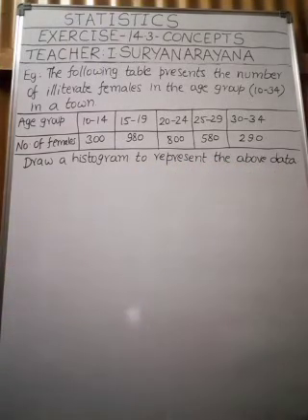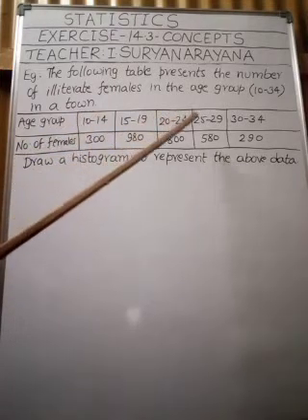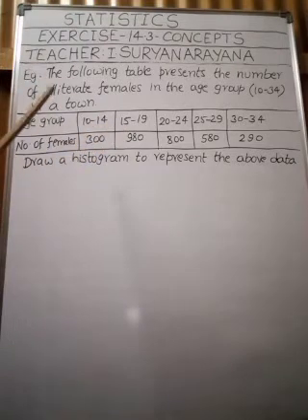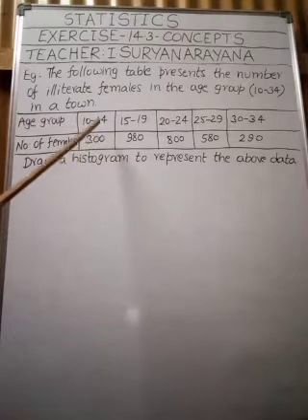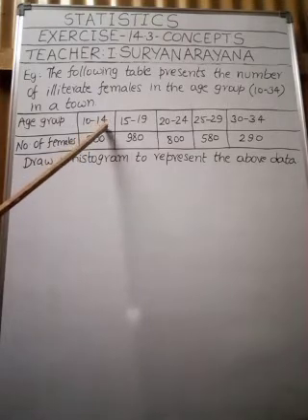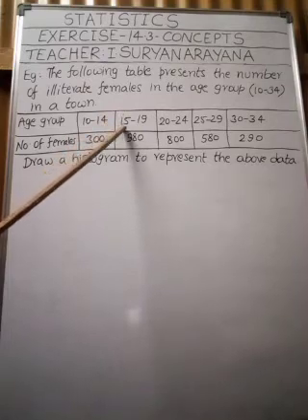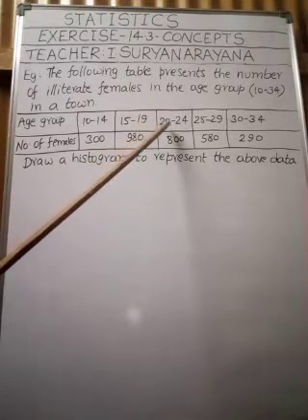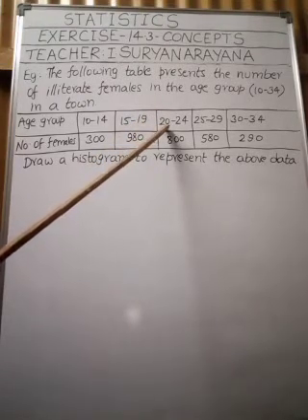Okay, my children, right. If you observe this frequency distribution table, it is not a continuous frequency distribution table, because here the upper limit of the first class is not equal to the lower limit of the second class. Similarly, the upper limit of the second class is not equal to the lower limit of the third class.